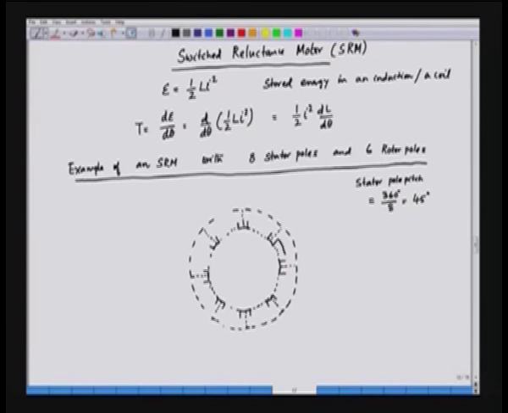We can now complete the stator structure. The poles are projecting in nature. They will project out of the stator periphery.